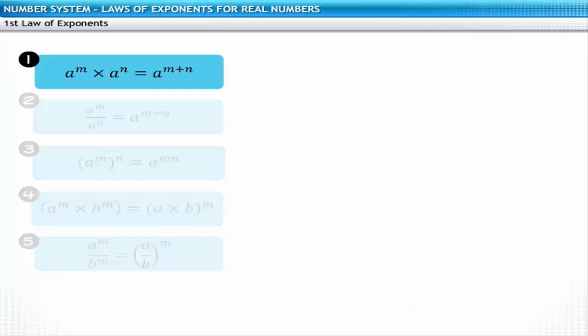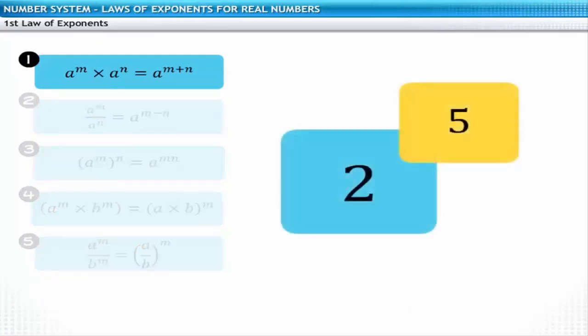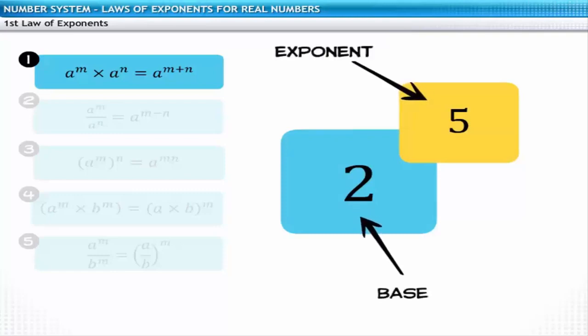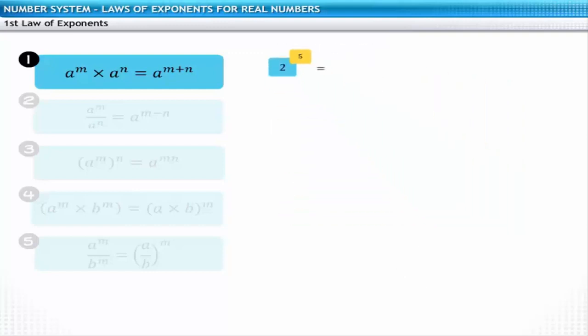Let's verify the first law. Consider the term 2 raised to the power of 5. Here, 2 is called the base and 5 is the exponent. This term can also be written as 2 multiplied 5 times.